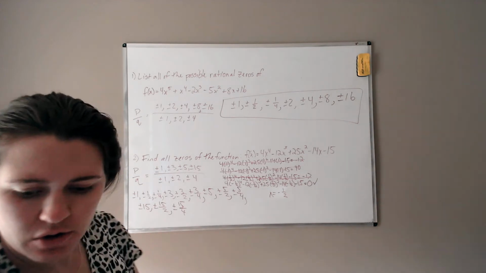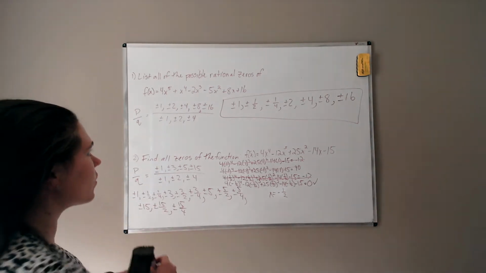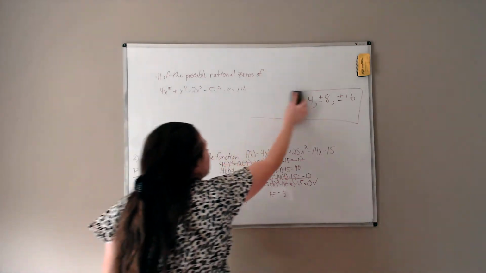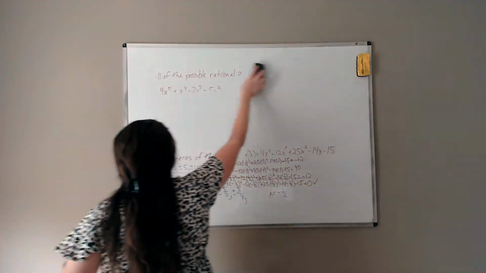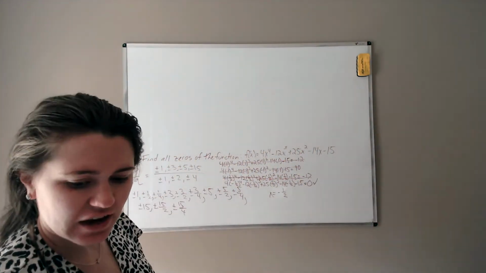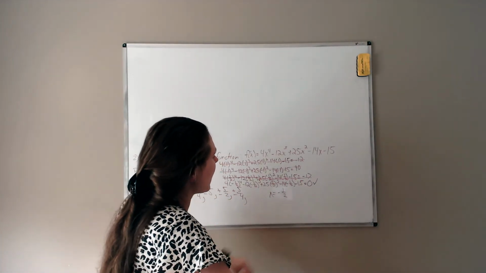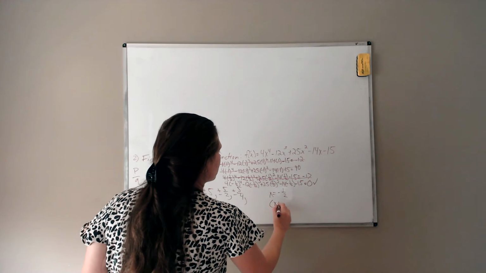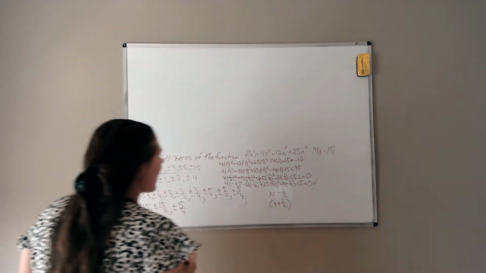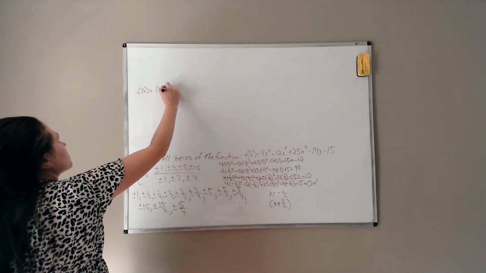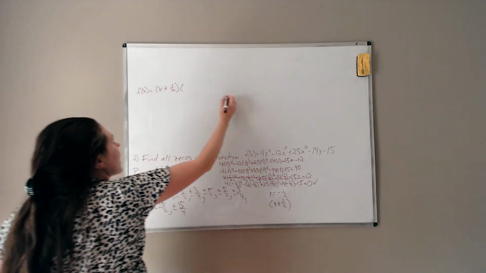Keep doing your work below this, I just ran out of room. So we know that one of the solutions is negative 1/2, which means that one of the factors must be x plus 1/2. So we can take f of x and write it as x plus 1/2 times something.